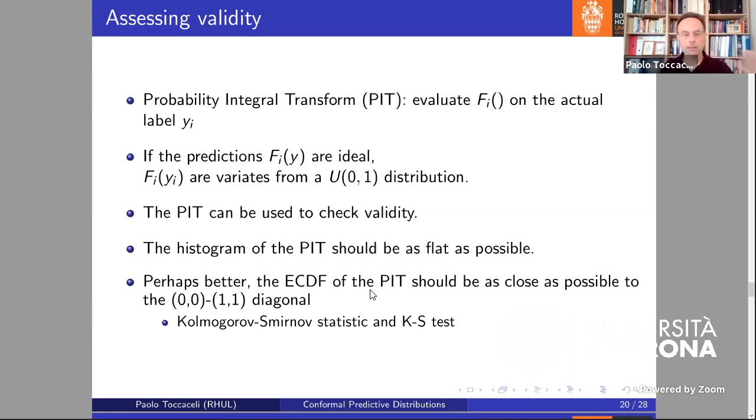And as we've seen, if the predictions are ideal, then the values of this F_i on y_i should be variates of the uniform distribution. So what you do then, generally in the literature, is plot the histogram of the probability integral transform and verify that it's flat. And if it has deviations, then you know that your predictive distributions are biased somehow.